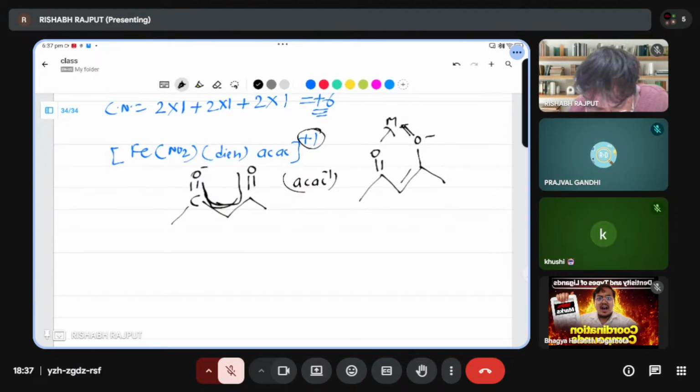It's only for question purposes, not about the concept. For CN, coordination number, you put plus six? Where? Here, guys. What are you saying here?